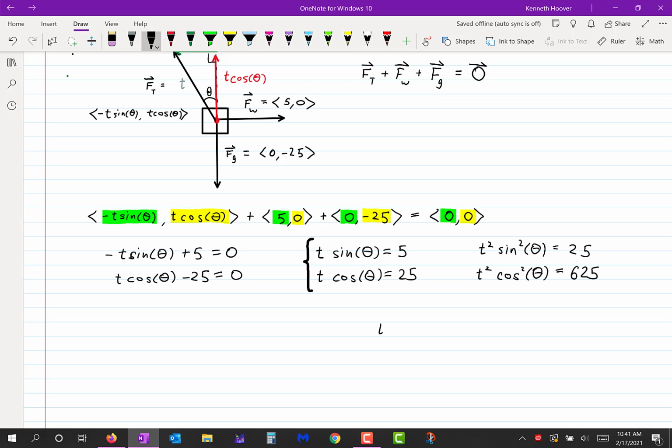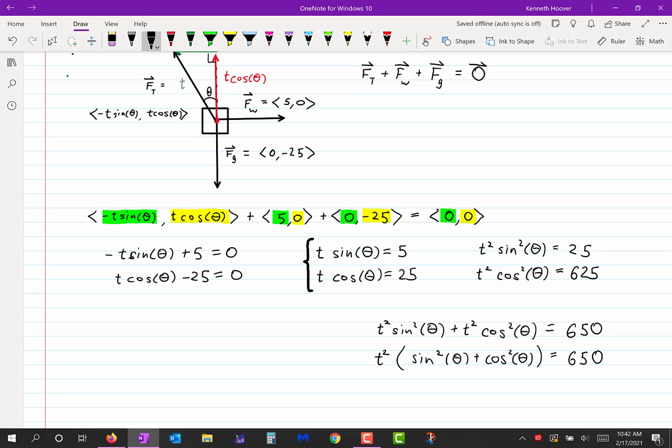That'll give us t squared sine squared theta plus t squared cosine squared theta equals 650. But on the left, I'll factor out a t squared. What's sine squared theta plus cosine squared theta?